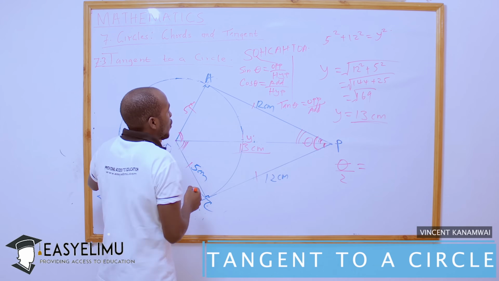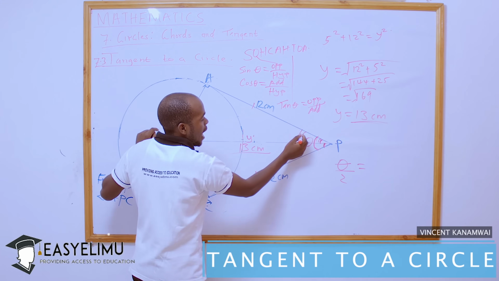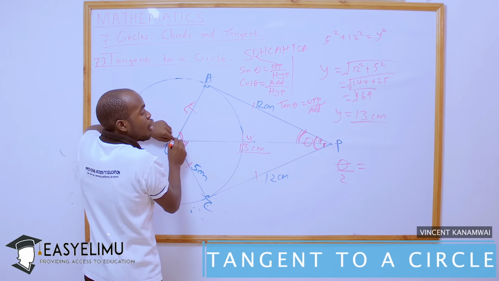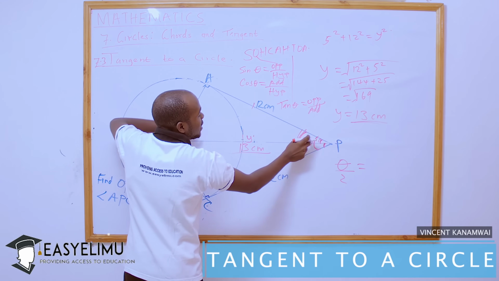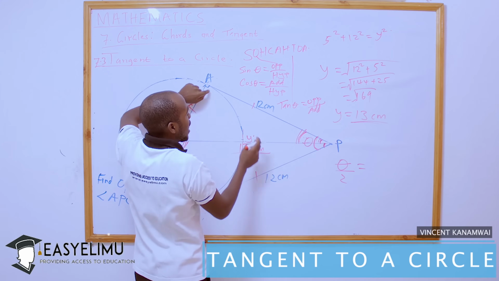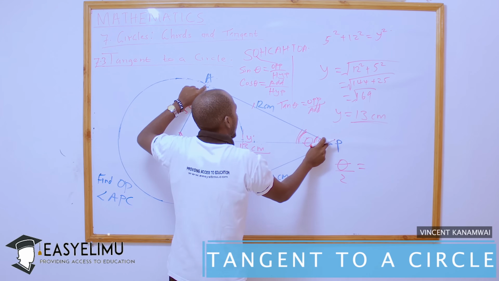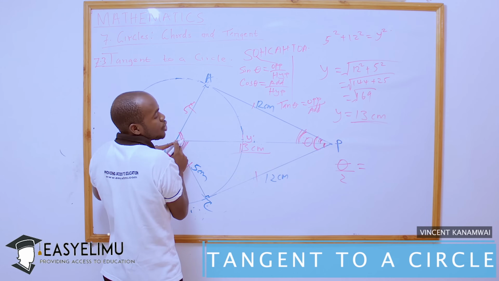Here, if this is the angle theta, 5 is the opposite to that angle, the adjacent is the side which lies with that angle, and this one is the hypotenuse.